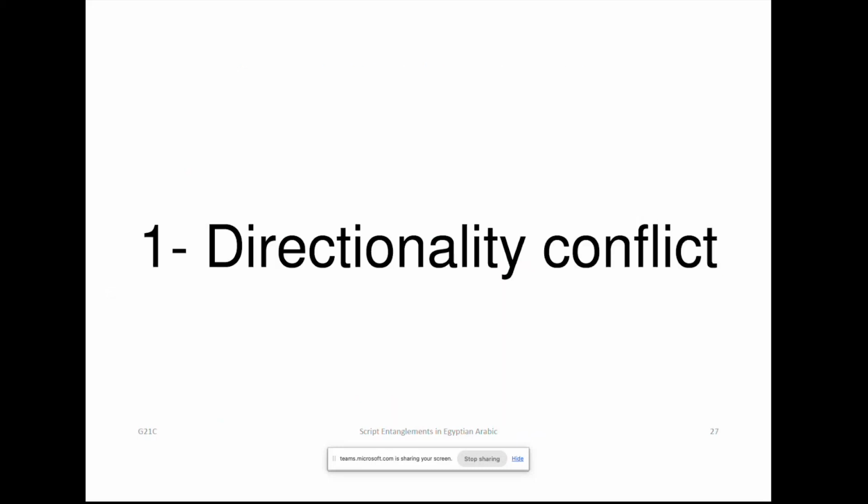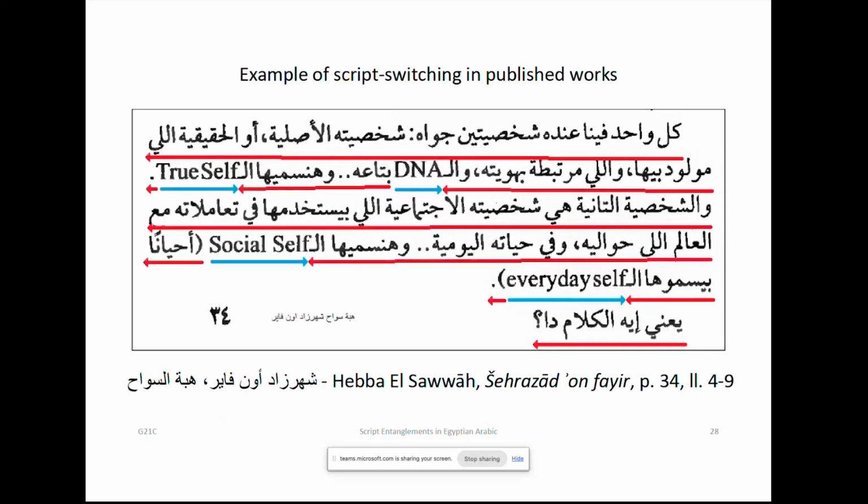First, directionality conflicts with text direction shifting from right to left in the matrix to left to right in the embedded text. For short integrations, which constitute the vast majority, the issue is limited, as they likely naturally follow the saccadic movement of the reader's eye, which roughly jumps from one word to the next.